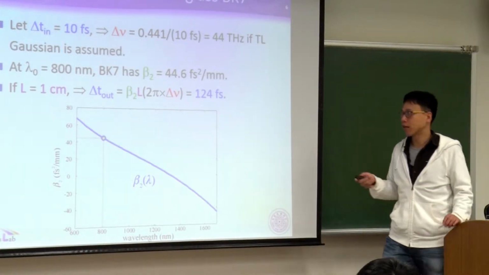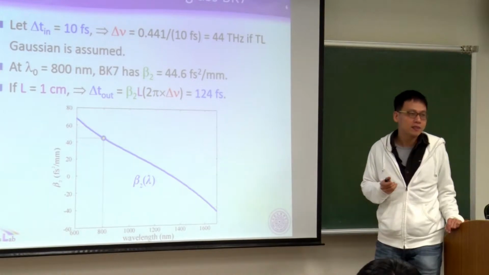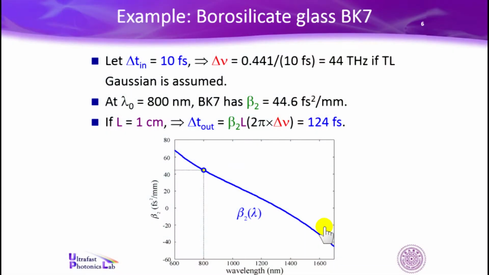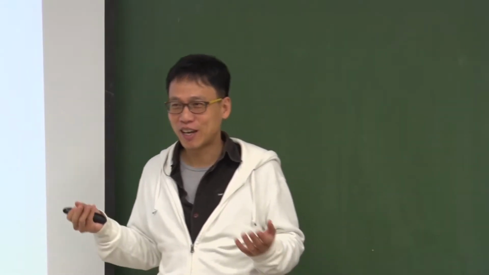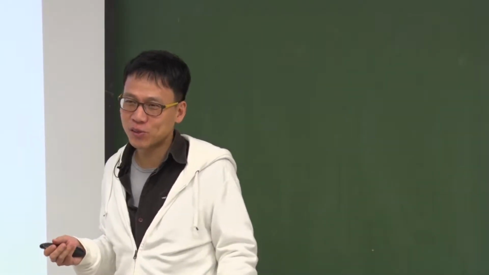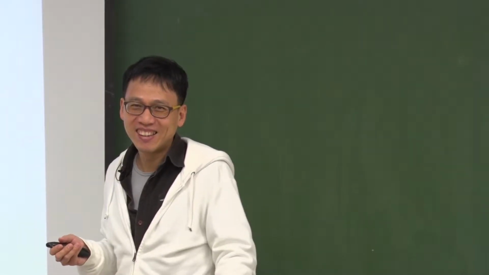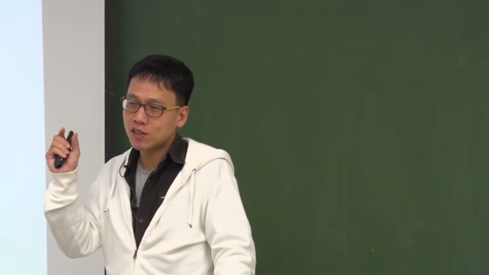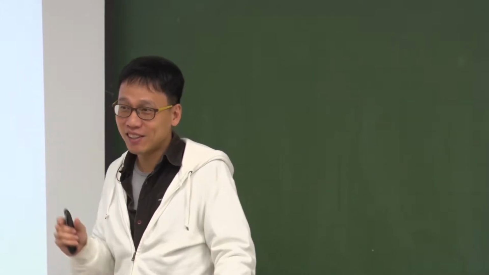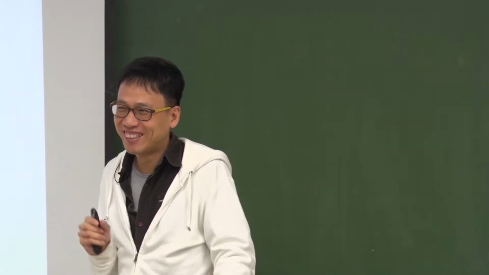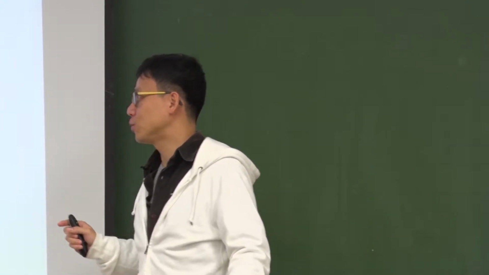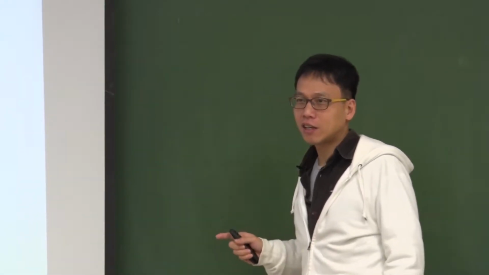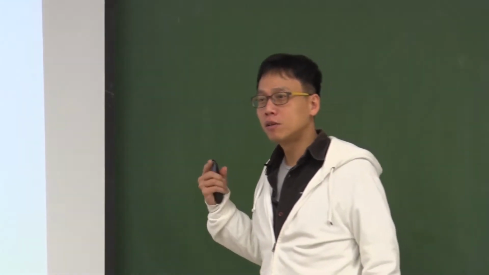Multiply them together, you got 124 femtosecond. So 10 femtosecond in, 124 femtosecond out, stretched by a factor of more than 12. So you can easily sense how serious the dispersion could be. Just 1 centimeter thick glass, it's transparent, no absorption, and the induced dispersion is so huge, you can stretch your input pulse by 12 times.